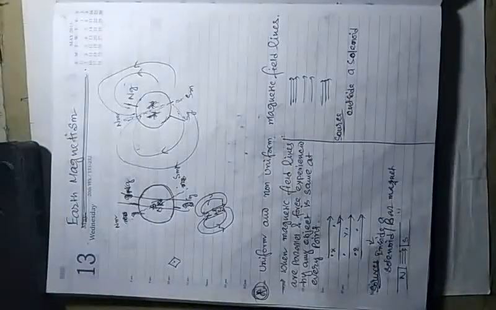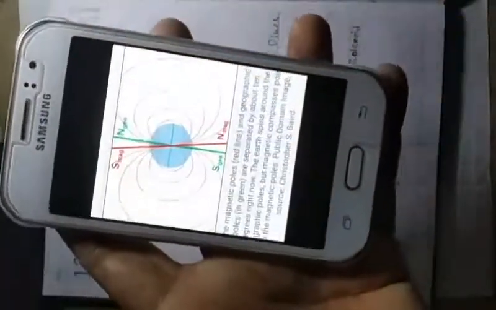And students, one thing, in your book you can see that geographic north is magnetic south. I am showing you that picture also. Both are correct, students.